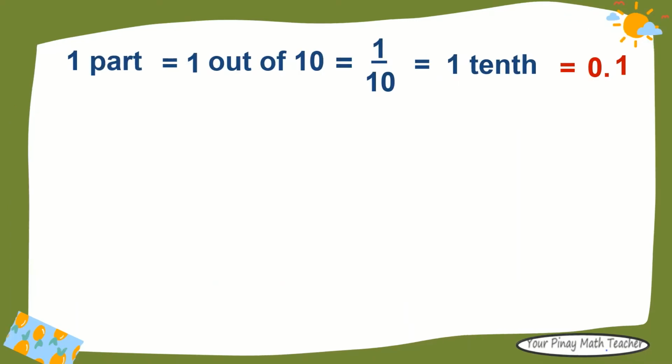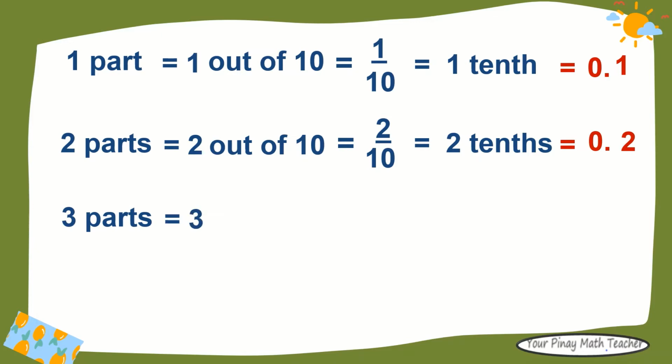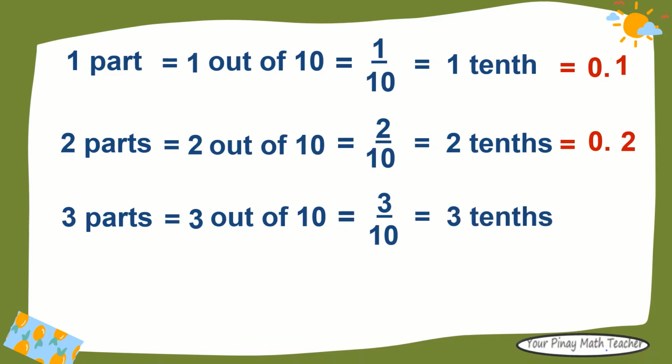If one part is 0.1, then 2 parts is equivalent to 2 out of 10 or 2 over 10, read as 2/10, this is equal to 0.2. 3 equal parts is equivalent to 3 out of 10 or 3 over 10, which is read as 3/10.